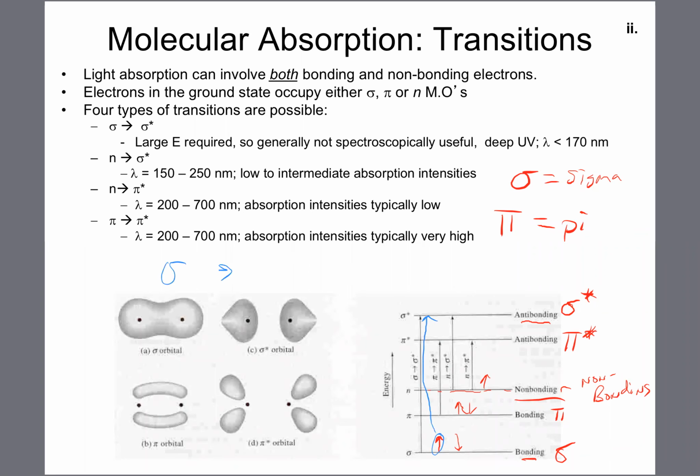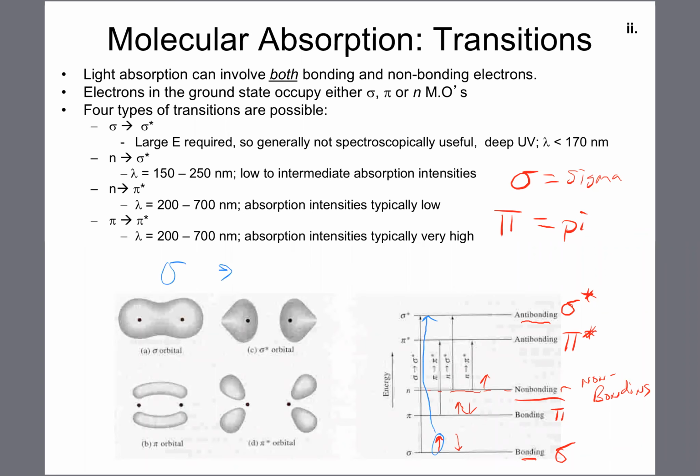Well, that type of transition, gosh, that's going to require a ton of energy. That's the largest energy gap of any of these, right? Huge amount of energy is required to do that on a molecular level. So because of that, we're going to need energetic photons. We're going to need things way down low in the UV, or maybe even the X-ray range.